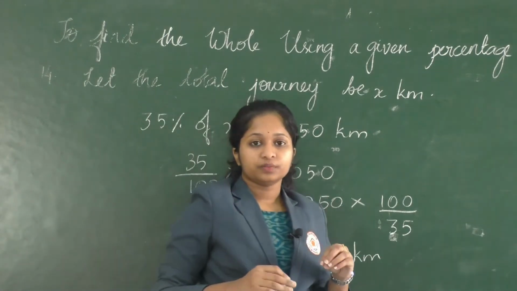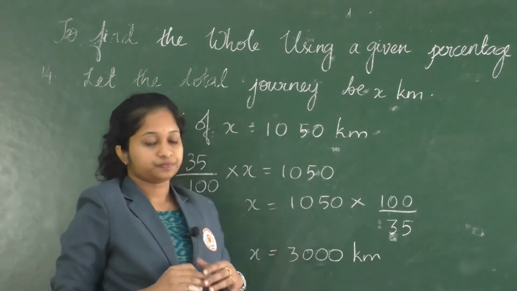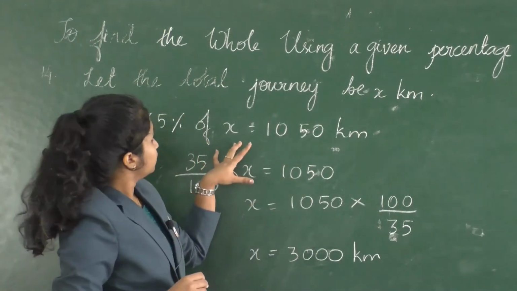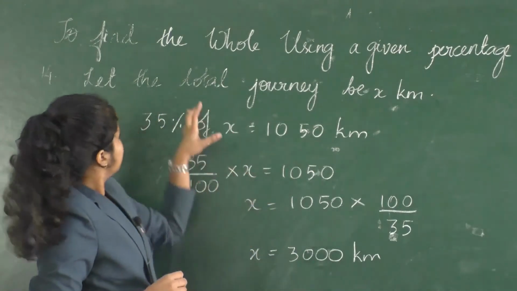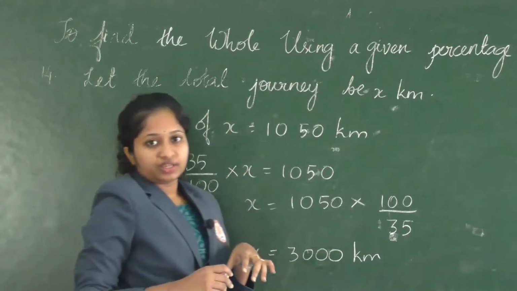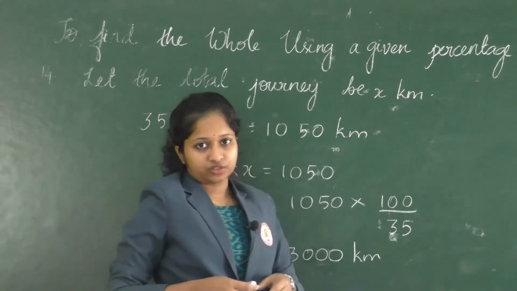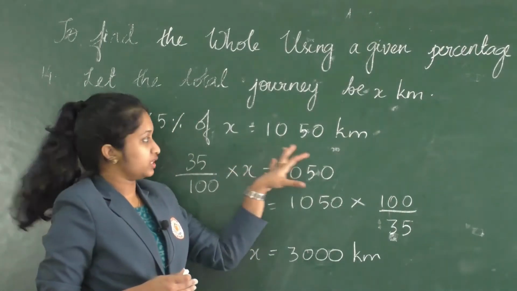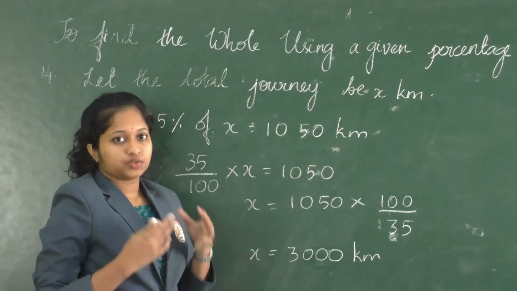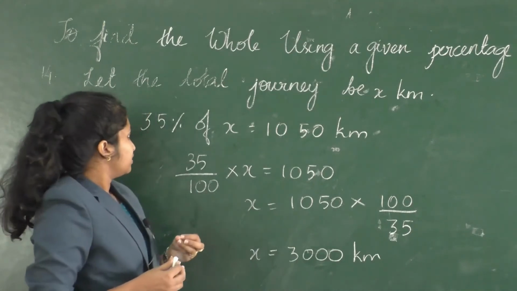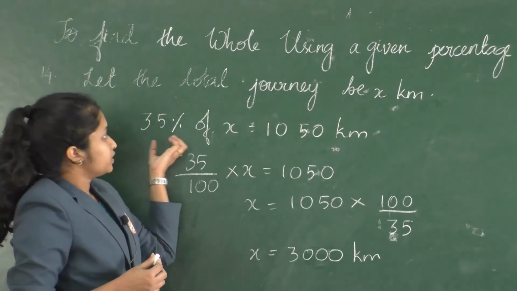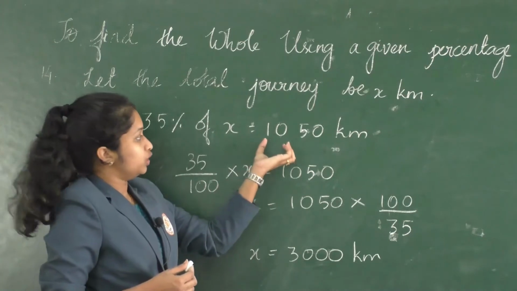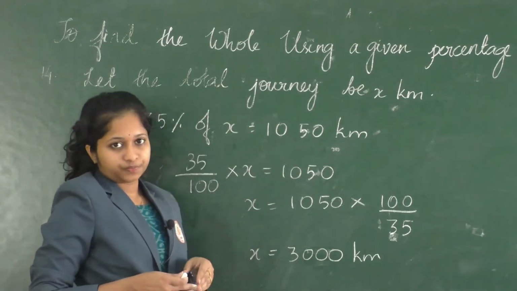We should find the 100% of it. Let's take the total journey as x kilometers. So 35% of the whole journey is given as 1050. Mathematically, 35% of x equals 1050 kilometers.